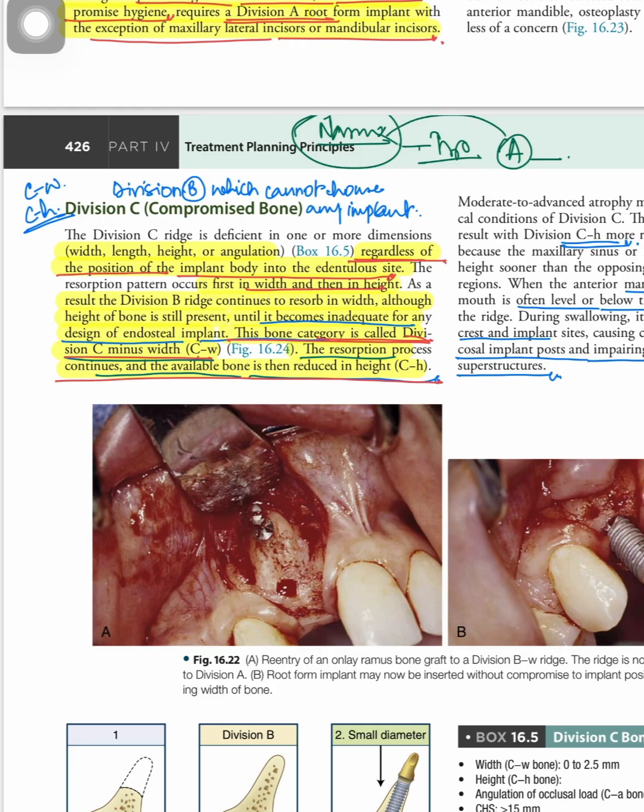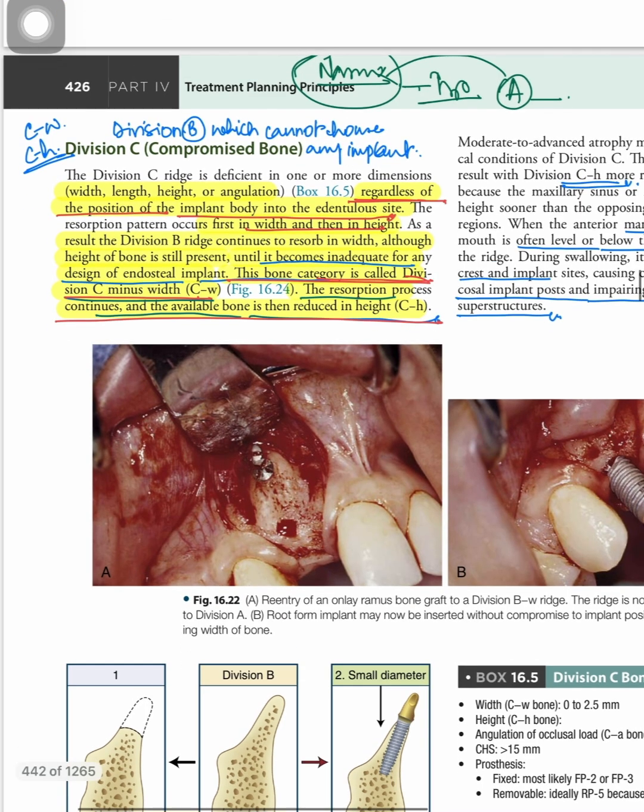But in division C type of bone, the bone morphology is in such a way that any type of implant will be unfavorable. So division C is further classified into division C minus W and division C minus H. C minus W is loss of width, C minus H is loss of height.